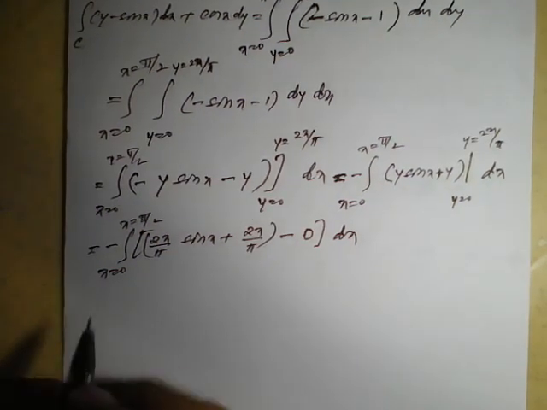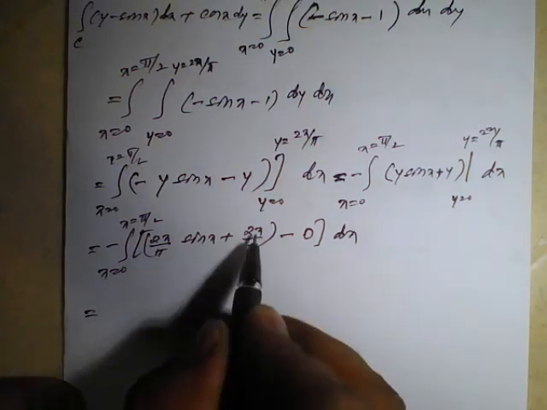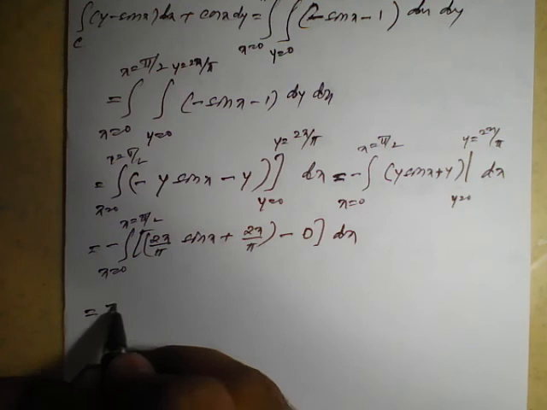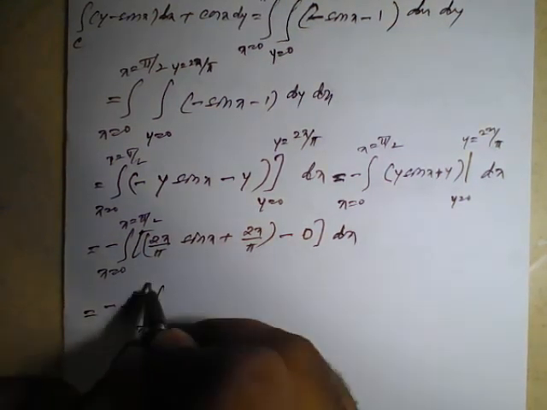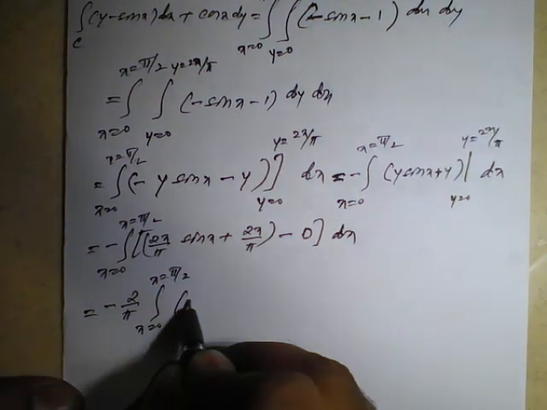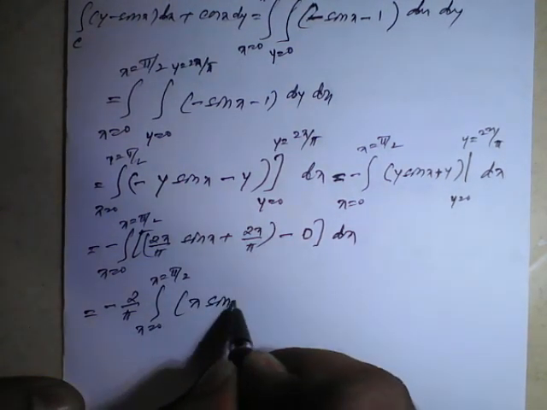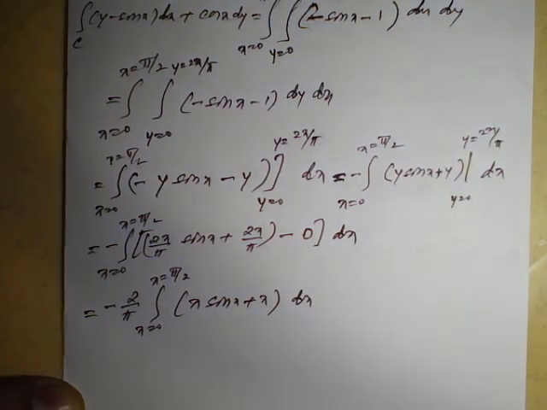Now again you simplify, so 2 upon pi you take outside, minus 2 upon pi integration of x from 0 to pi by 2. So here the left part is x sin x plus x into dx.